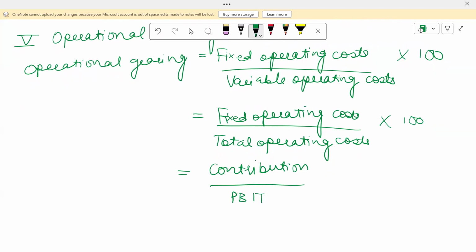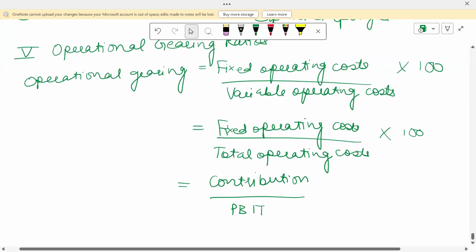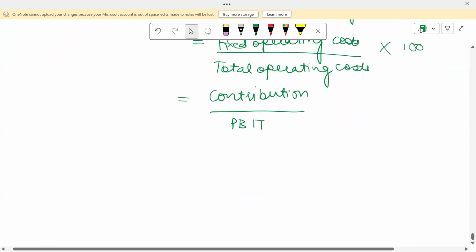So which formula to use in the exam? Either it will be given that you have to compare this thing and this thing. Otherwise, you can use whichever of the three you want, and all three answers will be marked as correct.